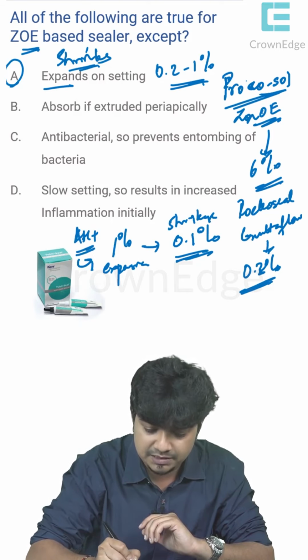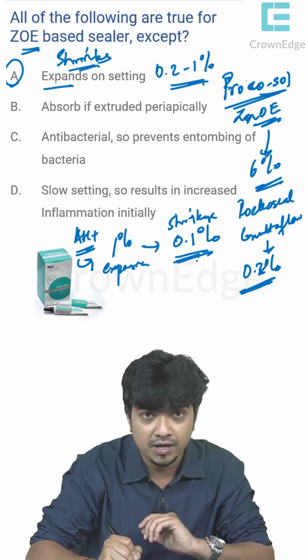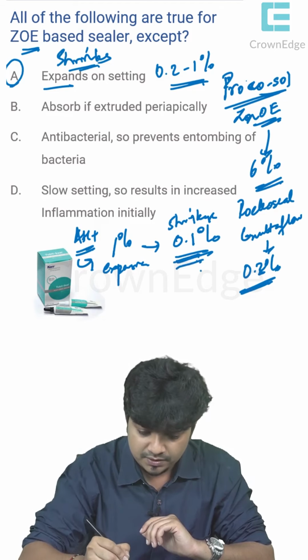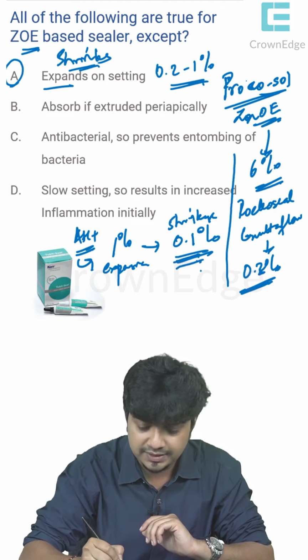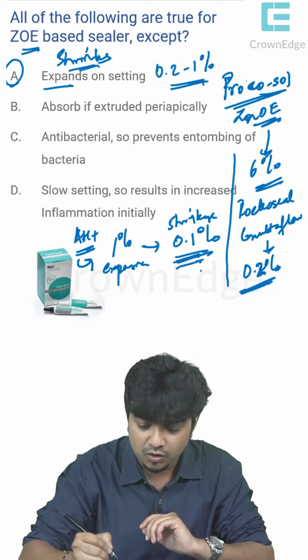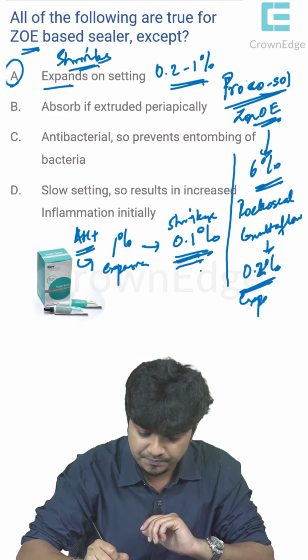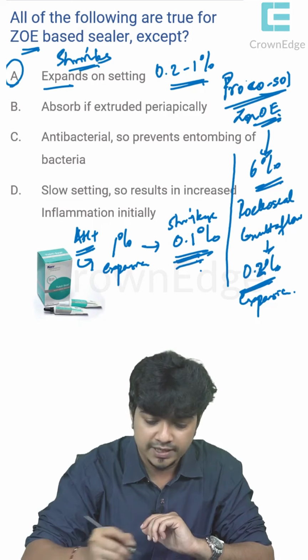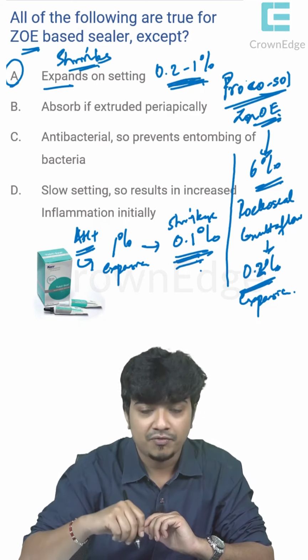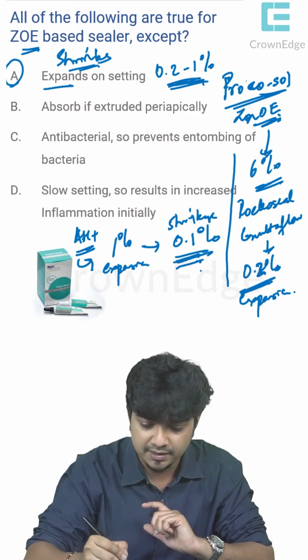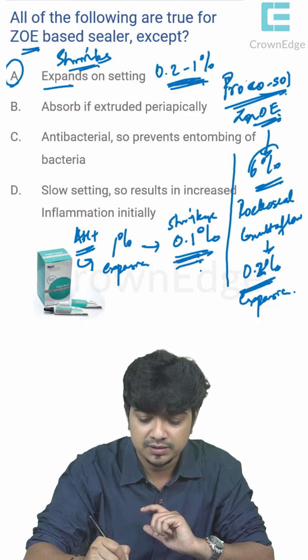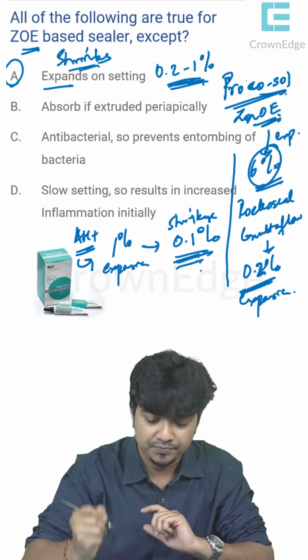First there is 1% expansion, then there's a shrinkage of 0.1%. In Roeko-Seal there is 0.2% of expansion which is seen. In zinc oxide eugenol, again there's shrinkage of approximately 0.2 to 1%. Only Procosol shows 6% expansion.